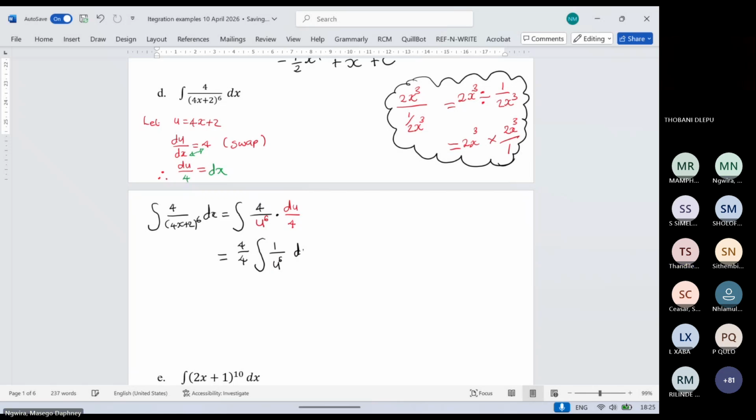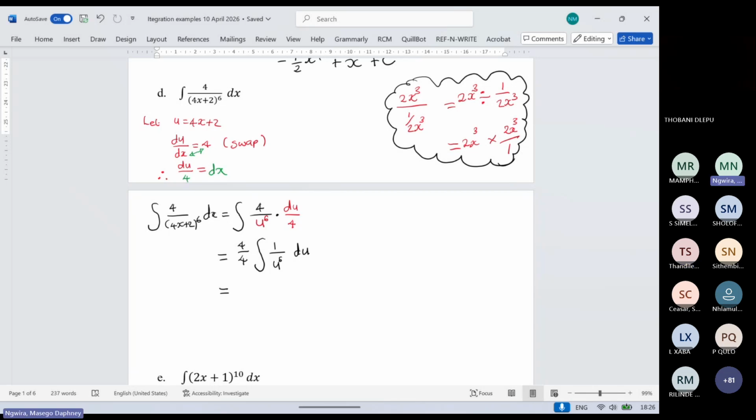We know that 4 over 4 is 1, right? Then I'm going to take the sign that I have and put it on top. I can still change it into ln x.